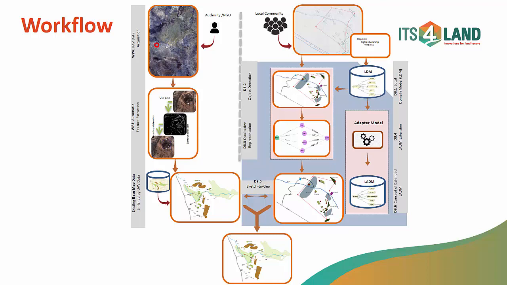And it essentially means that the work of the person who is collecting and digitizing the land information from locals is reduced by 50 to 60%, which is done automatically by the system.